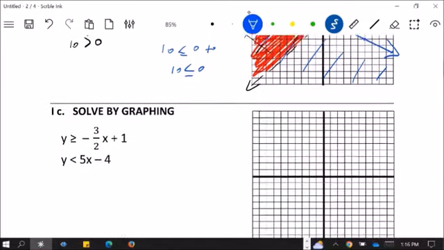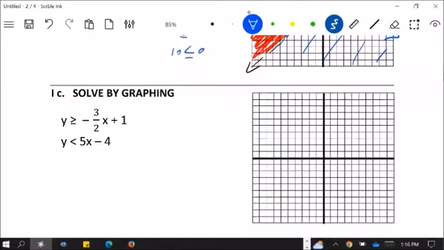Let's look at the one on the bottom now. Just another one for practice. We're going to use the y-intercept each time first to graph it. So we use those y-intercepts, plus 1 and negative 4. Now for the first one, the slope is negative 3 over 2. So that's negative 3 over 2 or 2 over negative 3.